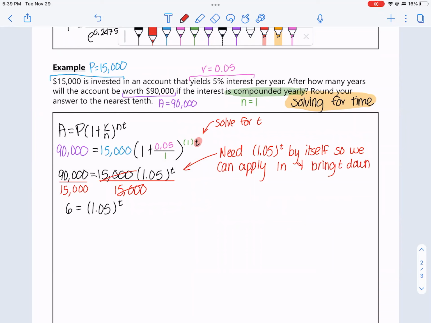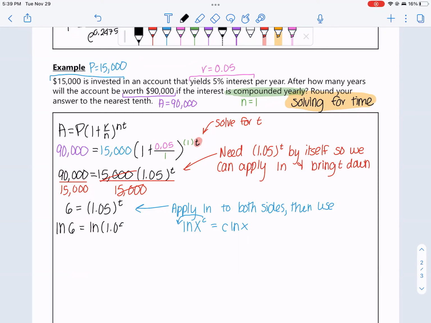This is where we are applying ln to both sides. Then we use the rule that lets us take down our exponents, which is ln of x raised to the c is equal to c ln x, right? That c can come down in front. So taking ln on both sides, we have ln 6 is equal to ln of 1.05^t.